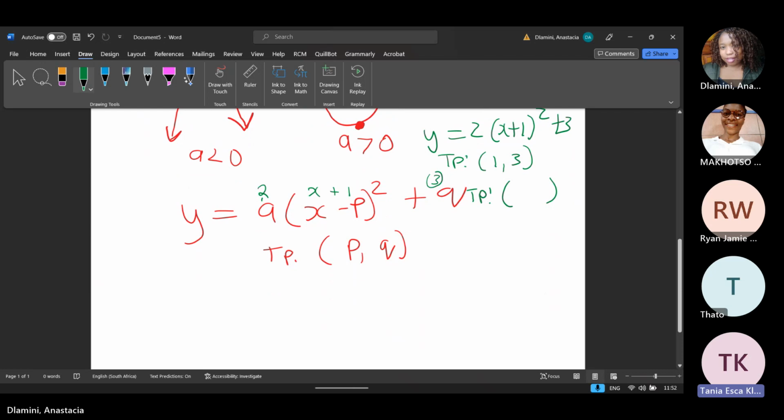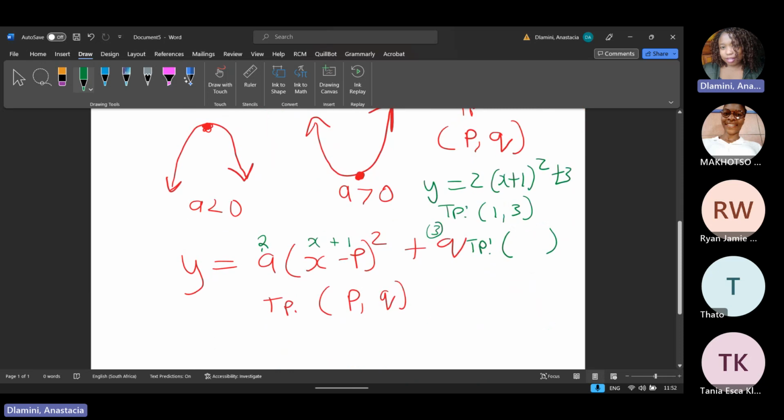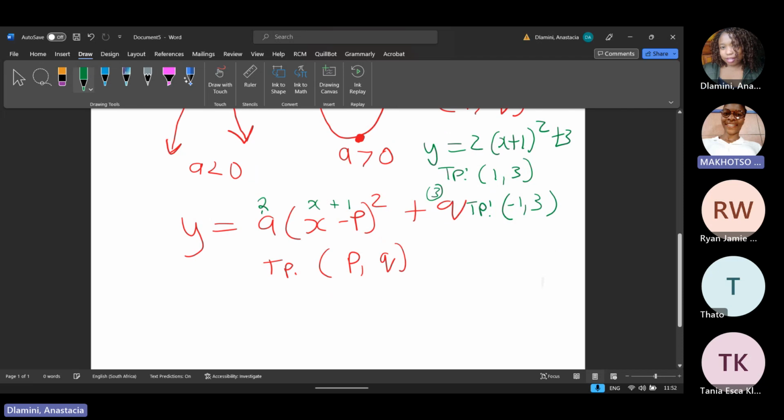I don't want you to factorize it. I don't want you to simplify it. I want you to look at this equation and give me the coordinates of the turning point. It is -1, ma'am. -1 and 3. Yes, ma'am.